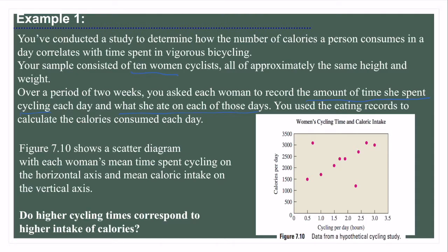Figure 7.1 shows a scatter diagram with each woman's mean time spent cycling on the horizontal axis and the number of calories they took in on the y-axis. Do cycling times correspond to a higher intake of calories? Let's look at this graph.